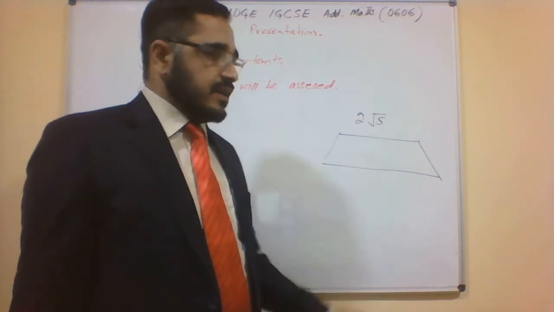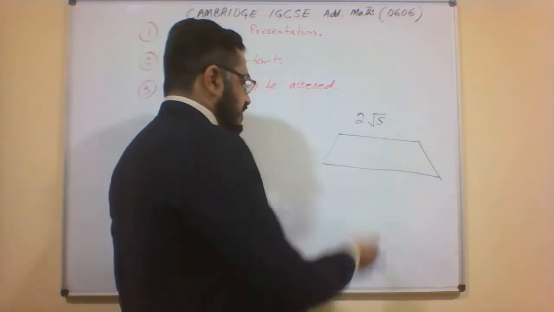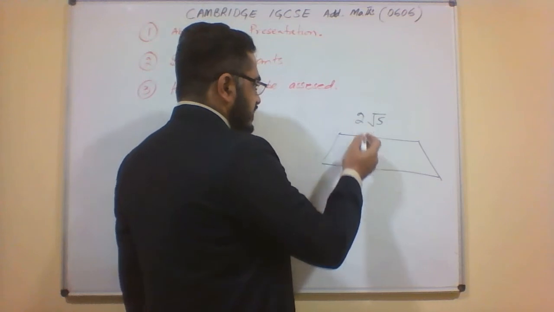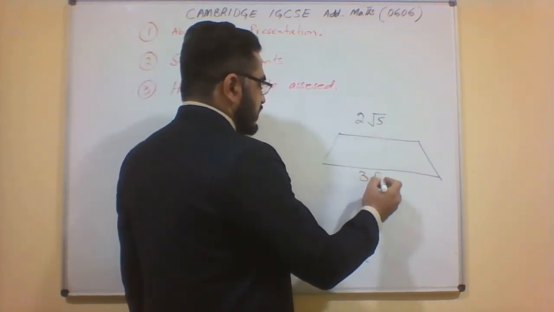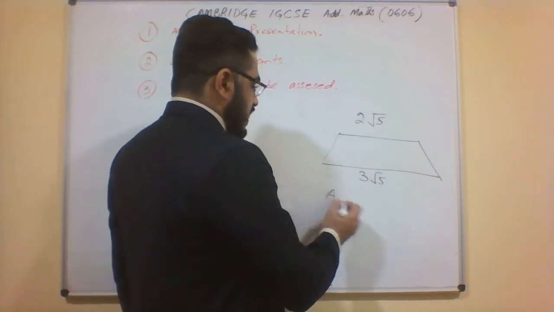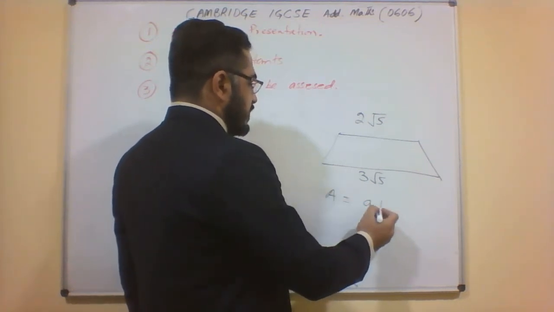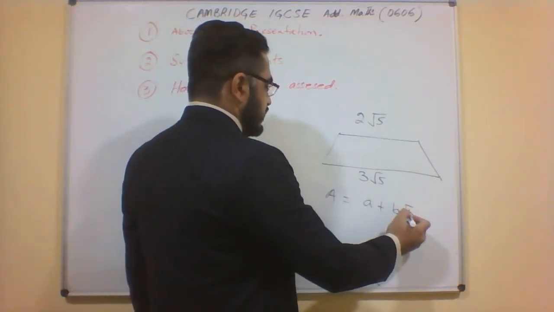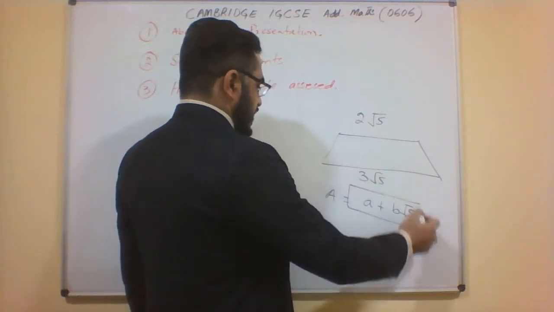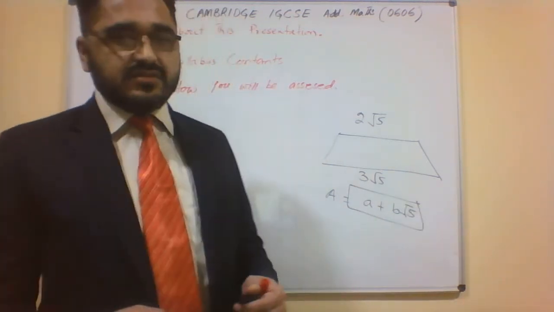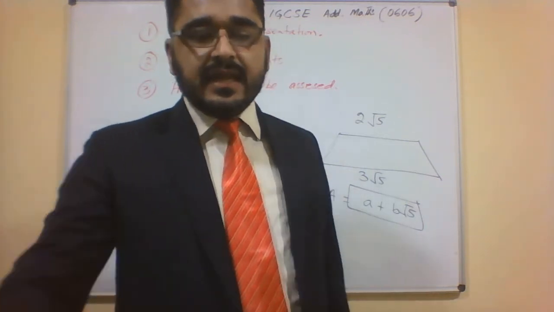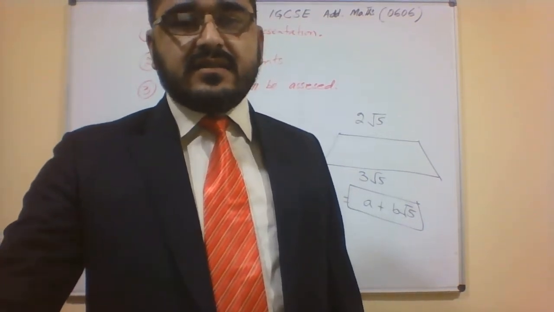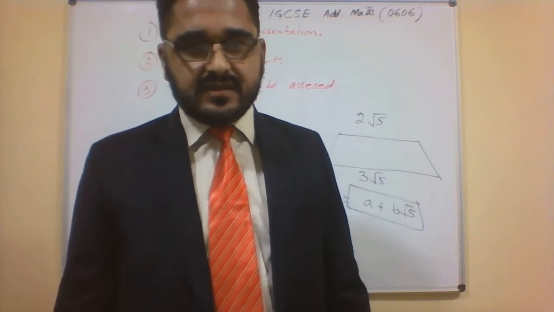Sometimes it says calculate the area of this one, this is 2 square root 5, this is 3 square root of 5, and you have to write the area in the form a plus b square root of 5. Then in these types of questions you cannot use the calculator. Okay, but this will be clearly written there that you cannot use the calculator.